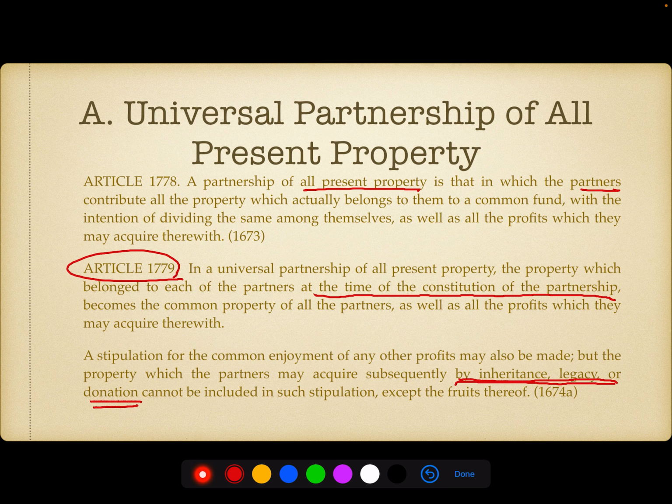Say A purchases a piece of land next week, that can be included into the partnership contract because A subsequently acquired the property by buying it, not by inheritance, legacy, or donation. However, when it comes to property that the partners may acquire by inheritance, legacy, or donation later on, while the same cannot be included in the partnership of all present property, the income from that inheritance, legacy, or donation can be included.